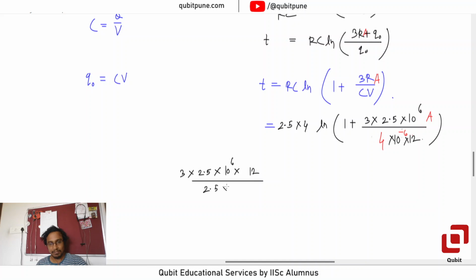Nice. 1 upon 4 into 10 raised to minus 6 into 12. Ooh, okay. 2.5 into 10 raised to minus 6 goes, 12 goes. So we are left with 1 plus 3 by 4 into 10 raised to 6 ka ln.